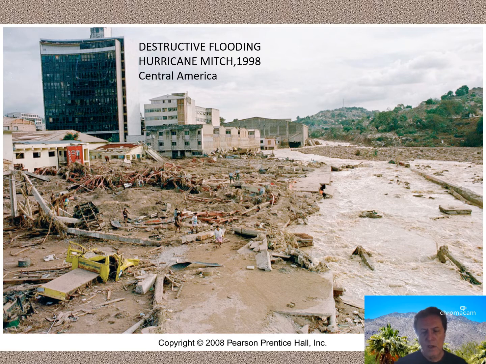Every time you have a hurricane, you have what? Heavy rain. Heavy rain fills up streams. Streams start to flood, overtop their banks, and remove material. You get a stream that looks like this. It's very brown or light brown in color because it contains a lot of moving sediment.